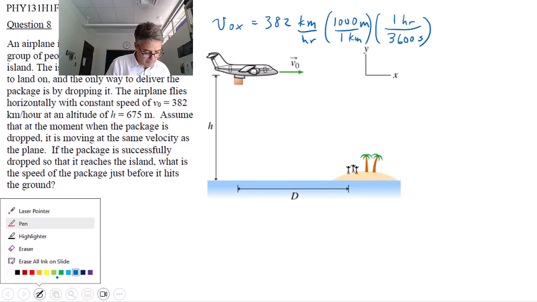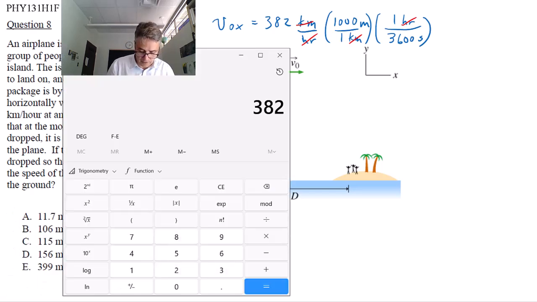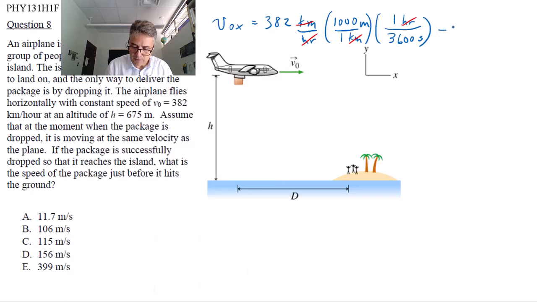So the unit kilometer is going to cancel kilometer, the unit hour is going to cancel hour, and we're going to end up with meters per second. 382 times 1,000 divided by 3,600, and I get, in SI units, 106 meters per second.